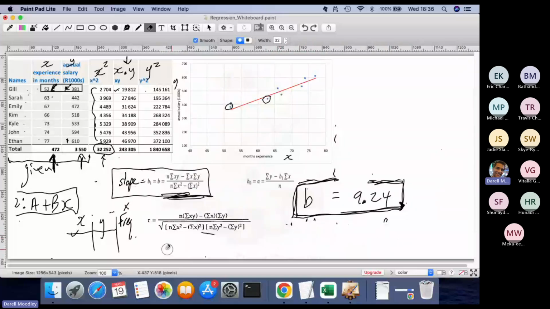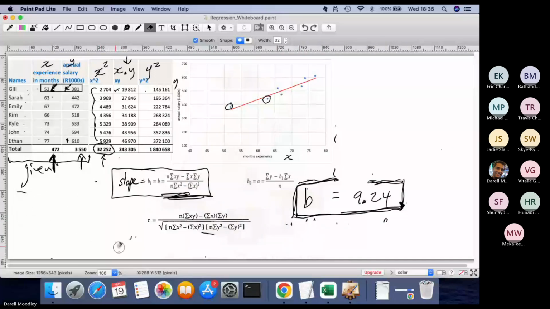So let's just write it out. Using the shortcut, we found A is equal to minus 115.89. We'll round it to 2 decimal places. It should be fine.